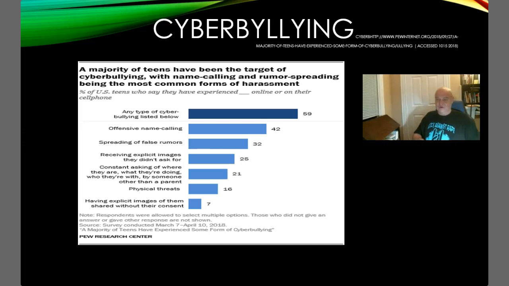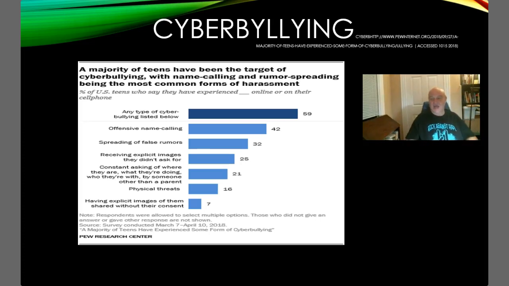This is from a recent survey. Note that even though cyberbullying is a new form of bullying, about 67% of adolescents who are bullied report that they experience this bullying behavior offline more than they do online. So the change from offline bullying to online bullying is by no means, one has not replaced the other.